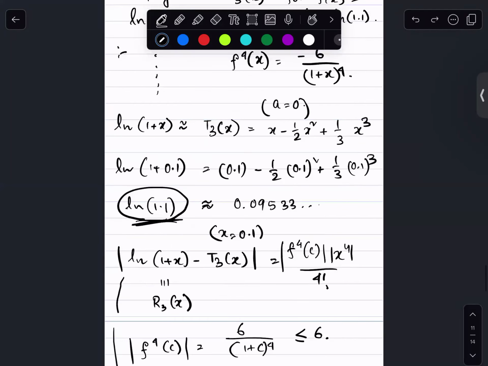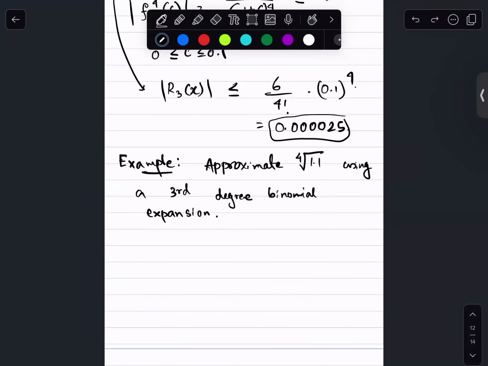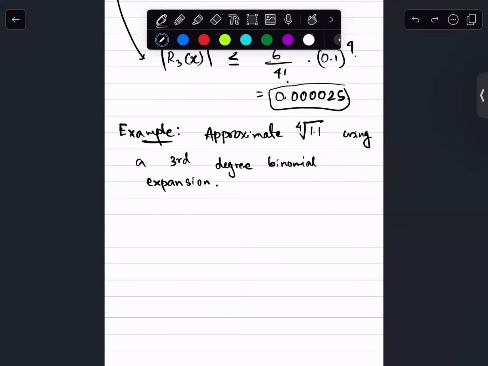Okay, so you see one of the examples of the error approximation. Let me solve one more problem having the fourth root of x. In this problem, I have to approximate the fourth root of 1.1, and I have to use third degree binomial expansion.